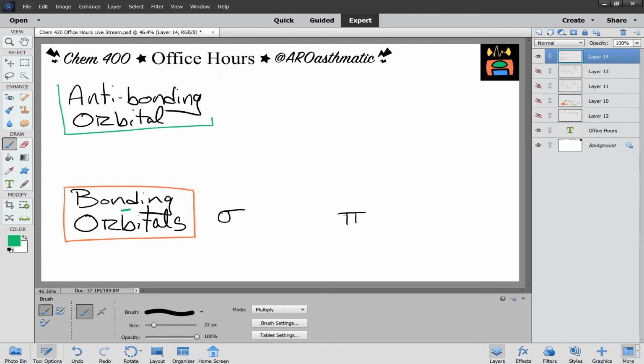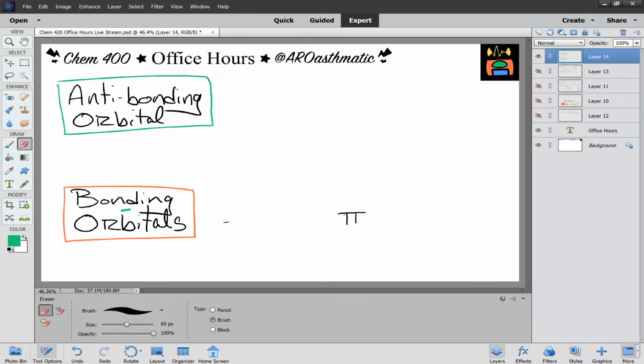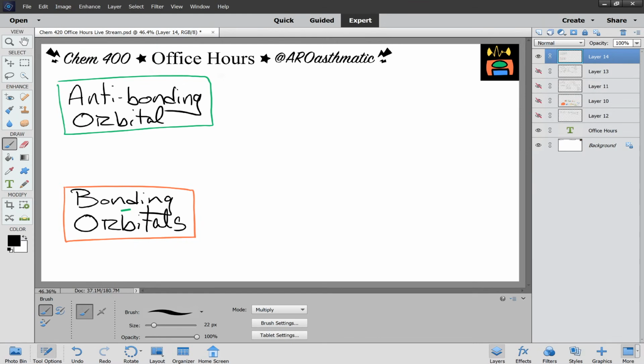Your bonding orbitals are low in energy. Your antibonding orbitals are high in energy. So sigma bonds are typically lowest in energy. Then you have pi. Then you have your antibonding orbitals, pi star and sigma star.